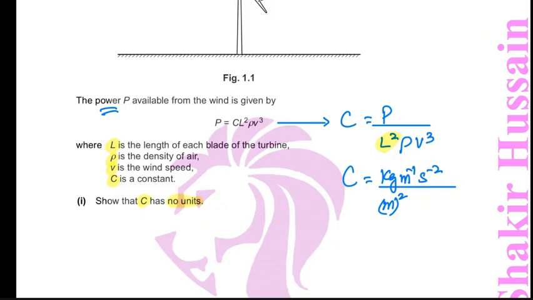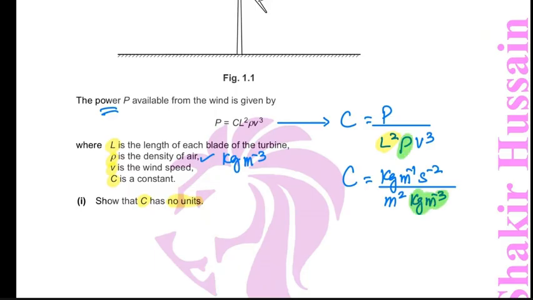I'll just simply write it down. You don't have to put these brackets there. I'll just make it meter squared. Then what is next? It's rho. What is rho? It's density. Density is kg m power minus 3, kg per meter cube.